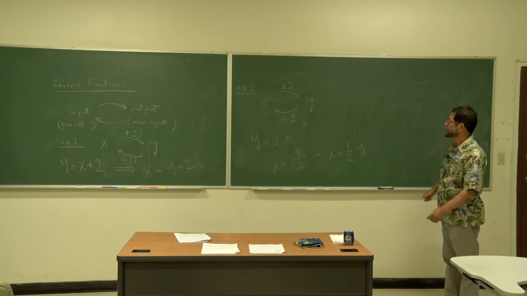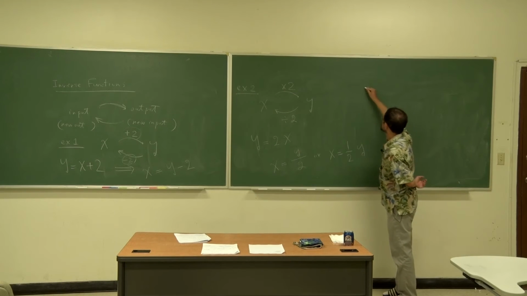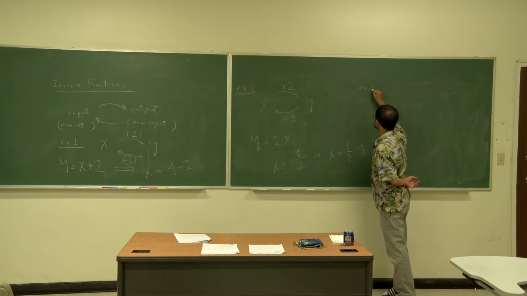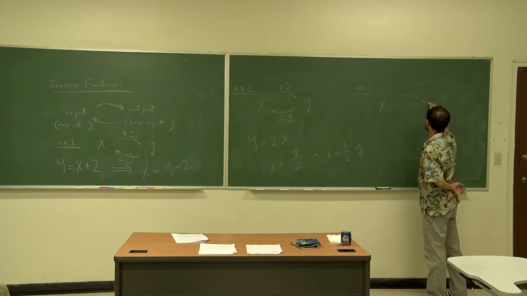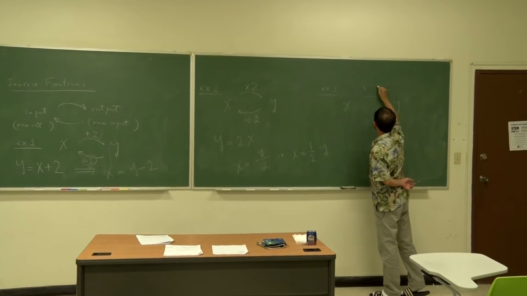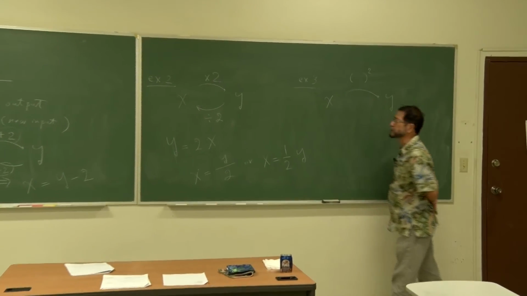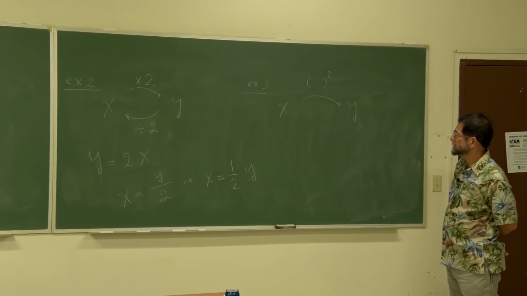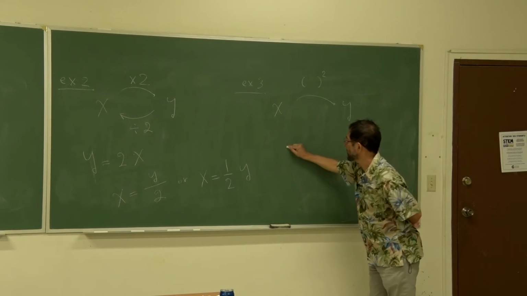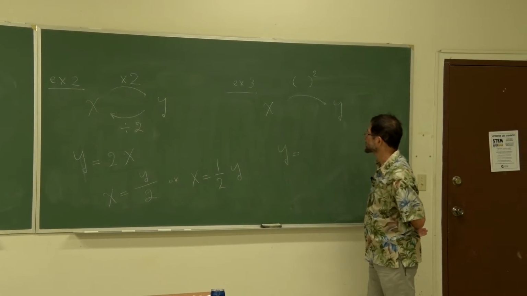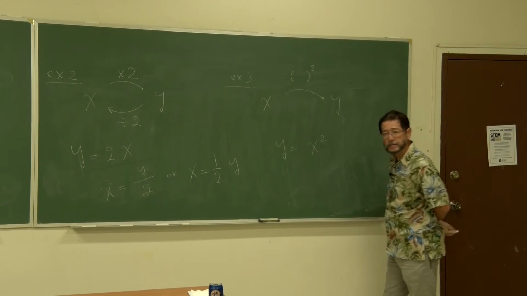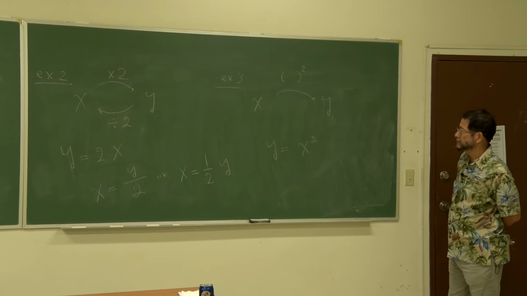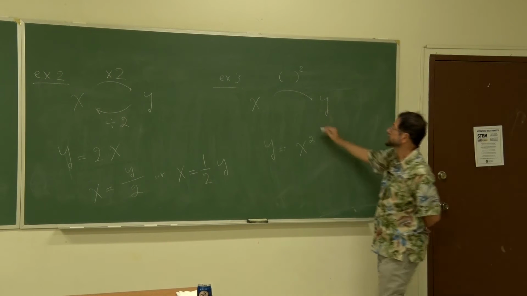Now, let's look at another example. Let's look at the square function. This time, you can write y is equal to x squared. Now, what is the inverse?